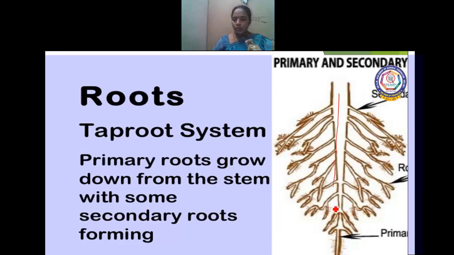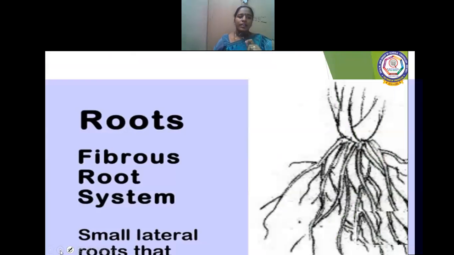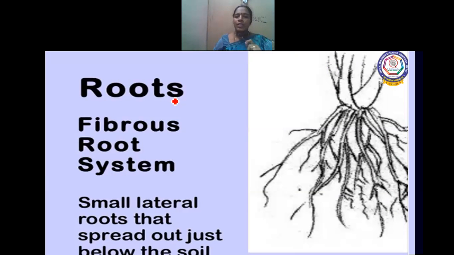So this is a primary root, and here you can see this is a secondary root and root hair. The next one is fibrous root. Fibrous root is the lateral root, and it goes only a small part into the ground, and it absorbs water and minerals and spreads just below the soil.